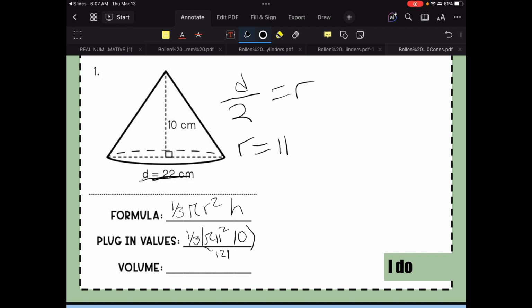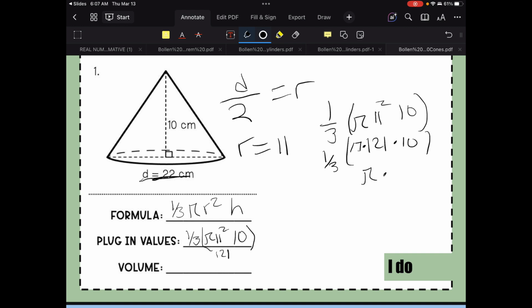When you multiply all of that out, 121 times 10 is 1,210, so you get 1,210 times pi times 1/3, or divided by 3.